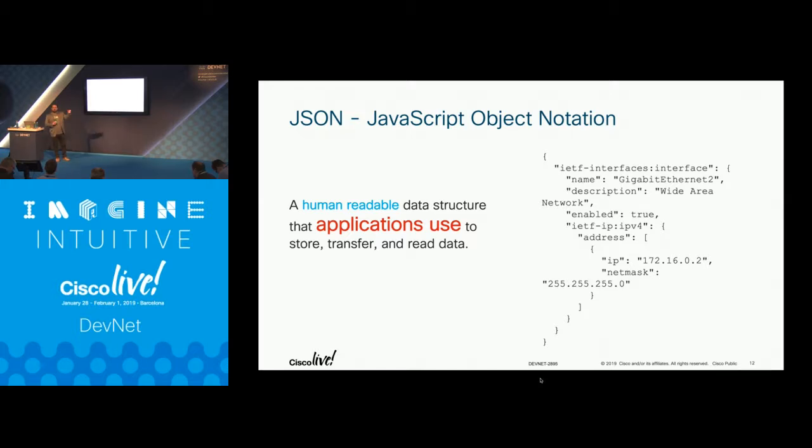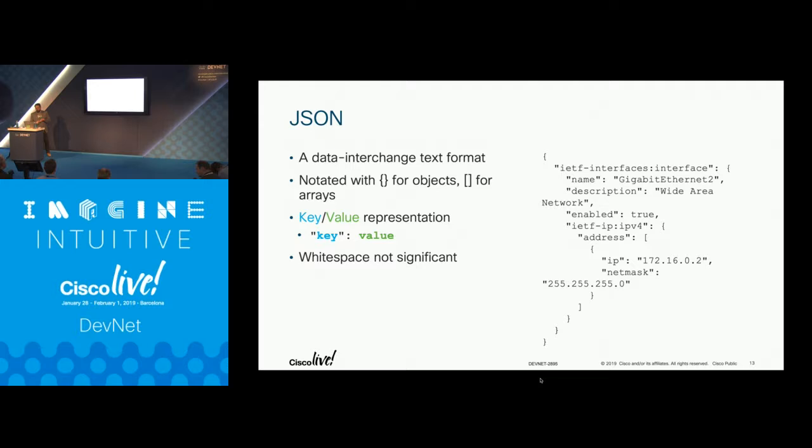I need to go through from that level. I need to understand that at that next level, I have the ietf-ip:ipv4, so I can skip name, description, enabled, but I need to get to here, and then I need to get down to address, and then within that, the IP address. So I have to understand how that data is structured to be able to actually code against it, right? So being able to read these kinds of files is absolutely useful.